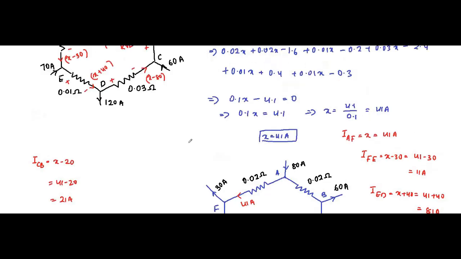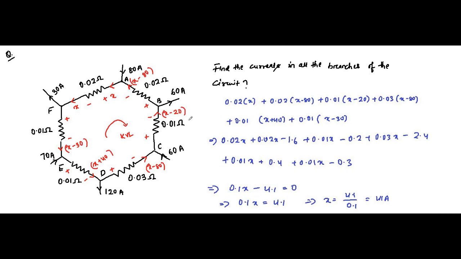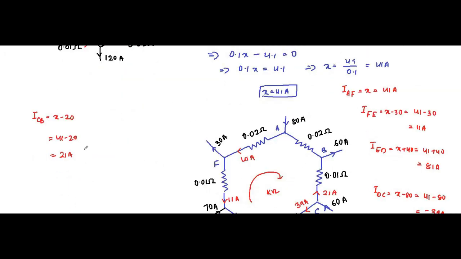Then we have IBA, which is X minus 80. Again it will be the same thing, it will come negative. 41 minus 80 is minus 39 ampere. So it will be the opposite.